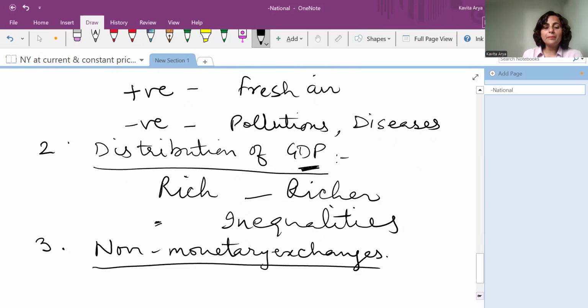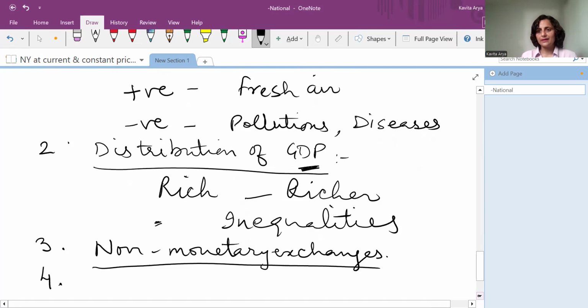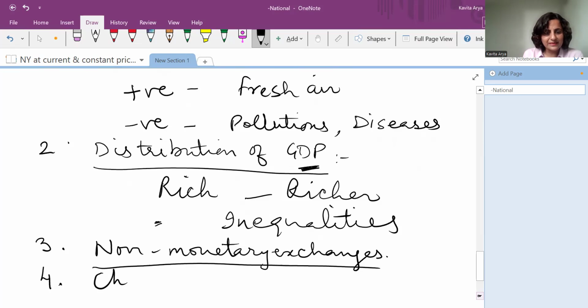So there may be a section in the society which is working hard day and night, and they are not monetized, and hence if there is any rise in the GDP, that section is not getting benefited.